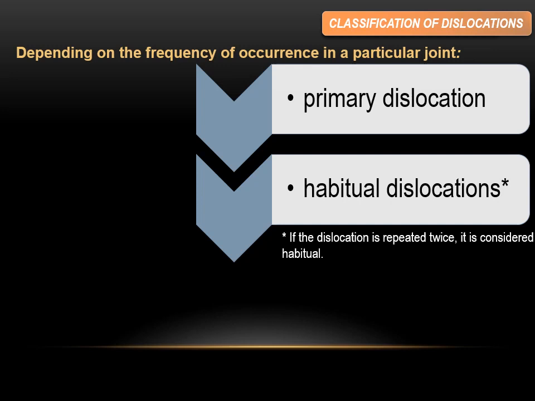The bottom line is that the damage to the joint capsule has not fully healed, and in the end we see repetition of such cases. Definitely pay attention: if, for example, the patient had an anterior dislocation of the shoulder, and a few years later a posterior dislocation occurred, this cannot be interpreted as habitual. This is unambiguously interpreted as a new primary traumatic dislocation.